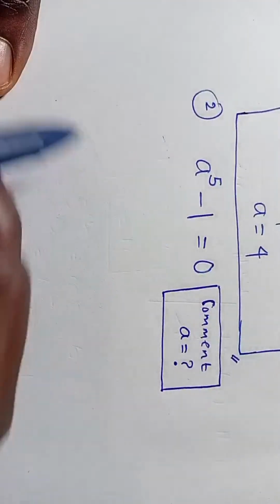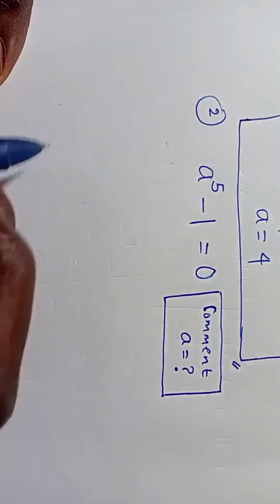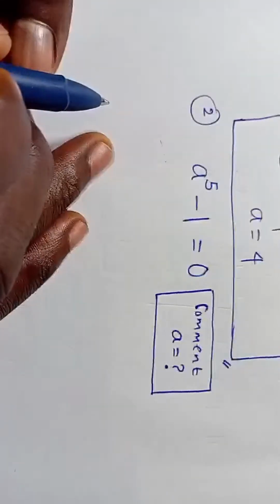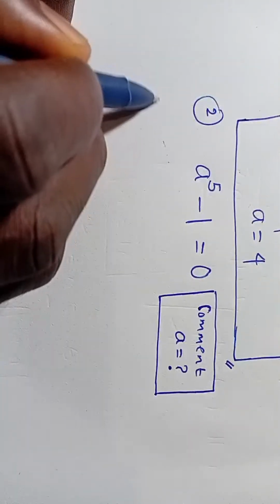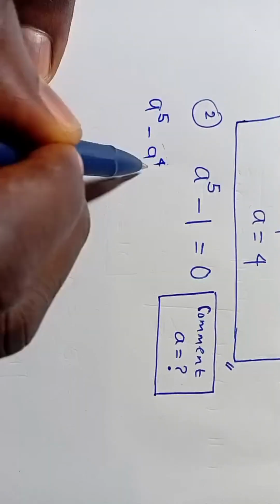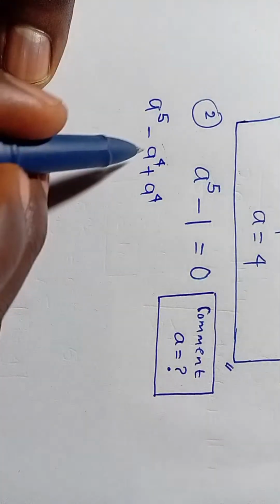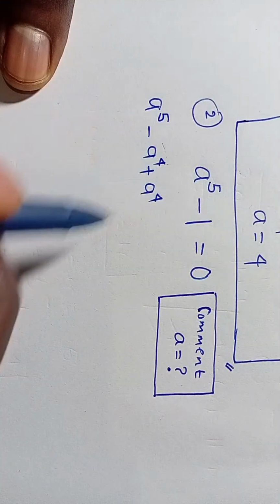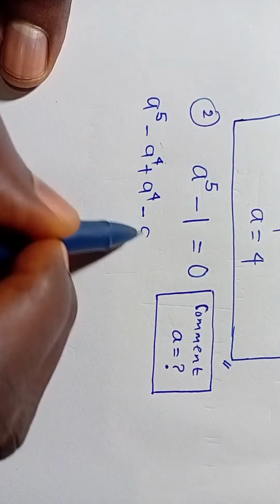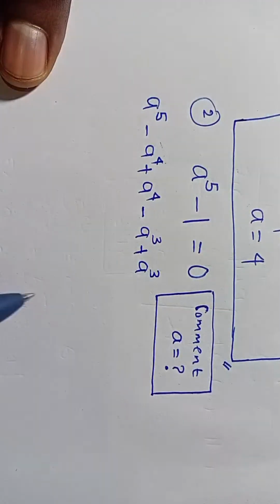So from here, we can solve this easily. So we have this to be A to the power of 5 minus A to the power of 4 plus A to the power of 4. Minus A to the power of 4 plus A to the power of 4 will be 0. Then minus A to the power of 3 plus A to the power of 3 will also be 0.